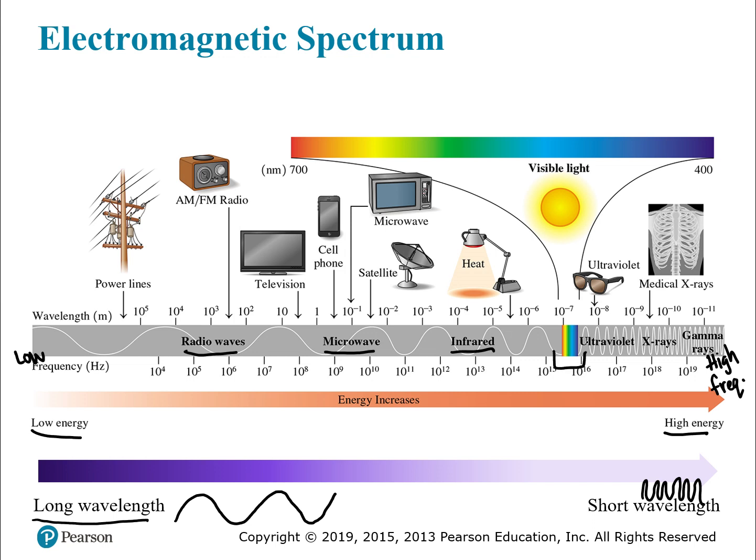Then we hit the visible portion. That's what we see. So you'll need to know the colors of the rainbow: red, orange, yellow, green, blue, indigo, which is like a dark blue, and violet.